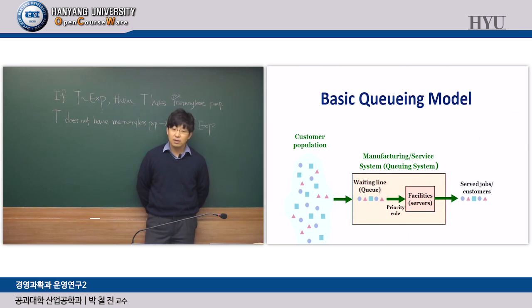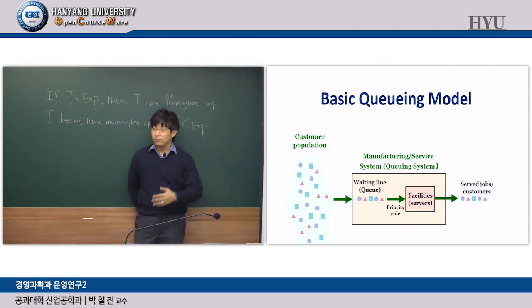The second part is servers. If a customer arrives to the system, then someone or some machine can handle this entity to give some service, right?